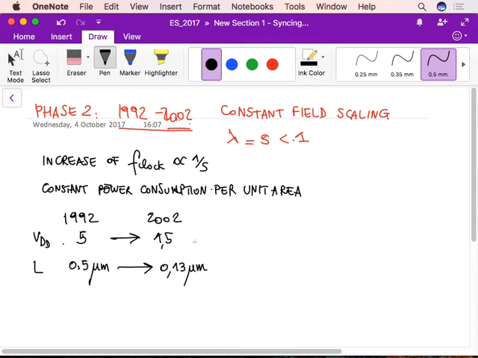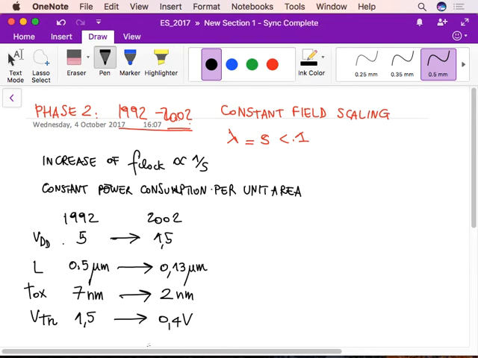So more or less the same factor, a little bit larger than 3. Not exactly the same factor, but very close. And TOX, the oxide thickness, went from 7 nanometers to 2 nanometers. You see more or less the same type of scaling. And the threshold voltage went from 1.5 volt down to 0.4 volts.